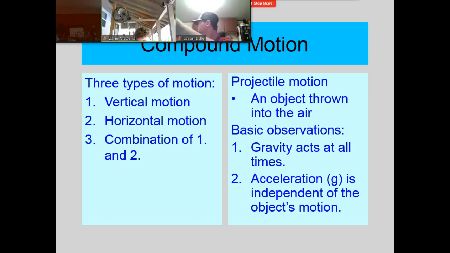It goes up into the air and comes down, hopefully hitting them. Any object you throw into the air, baseball, basketball, football, is usually compound motion. You have a vertical component and a horizontal component.